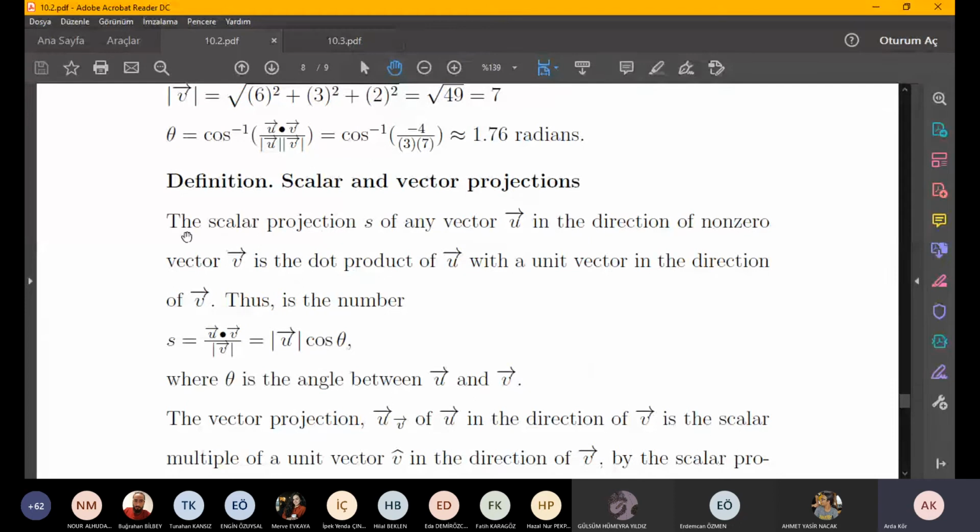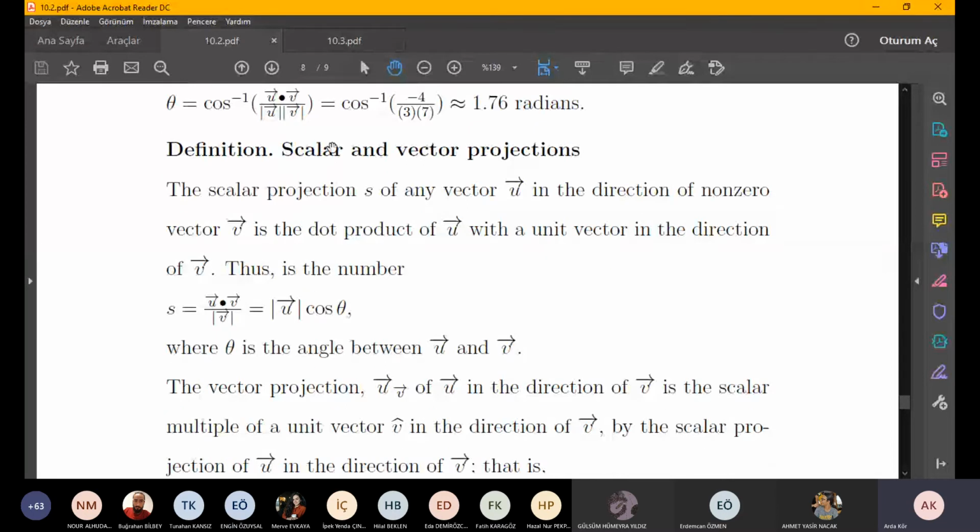The scalar projection S of any vector u in the direction of a non-zero vector v is the dot product of u with a unit vector in the direction of v. It has to be a number, because we are talking about a scalar projection.